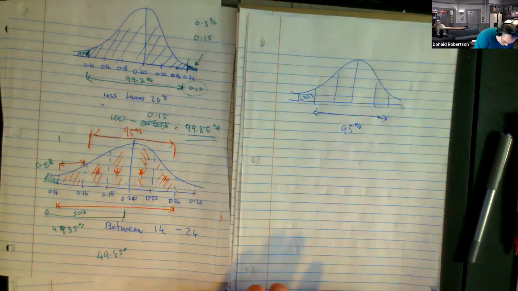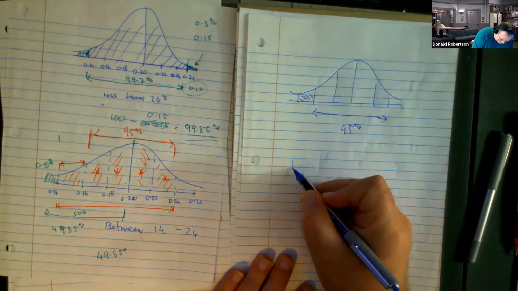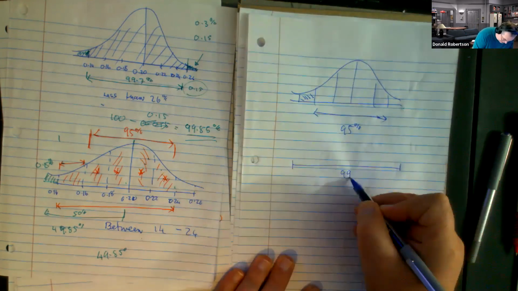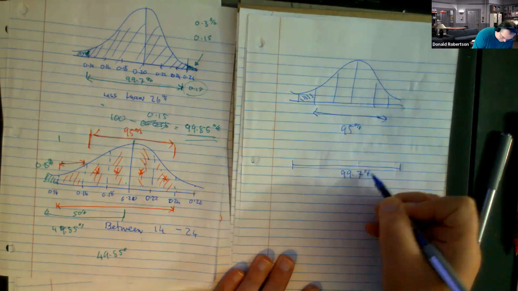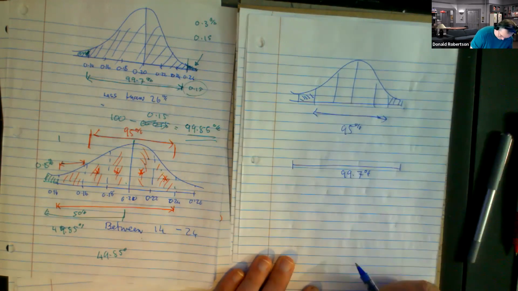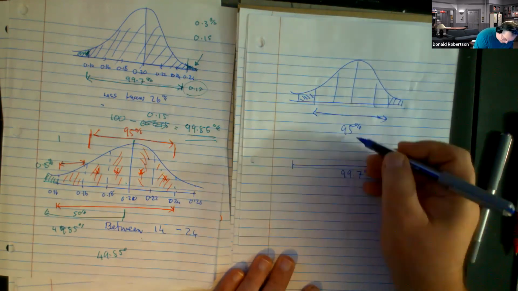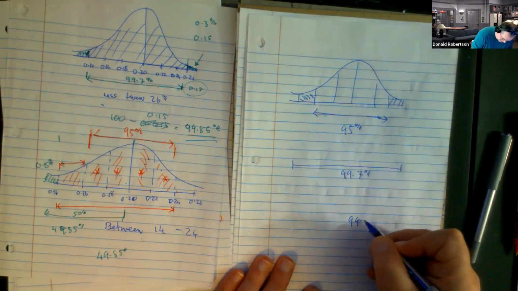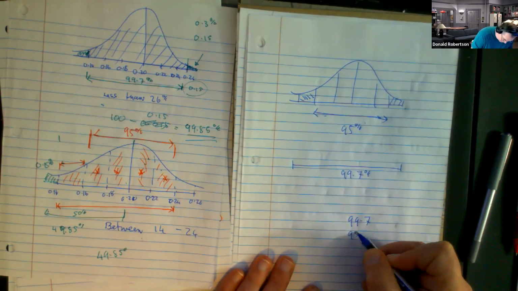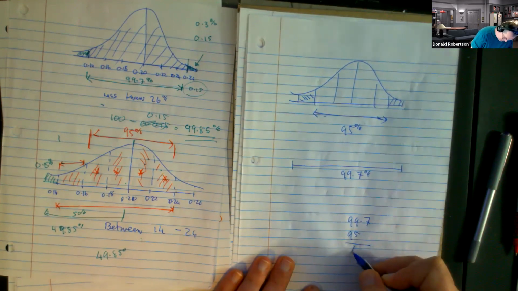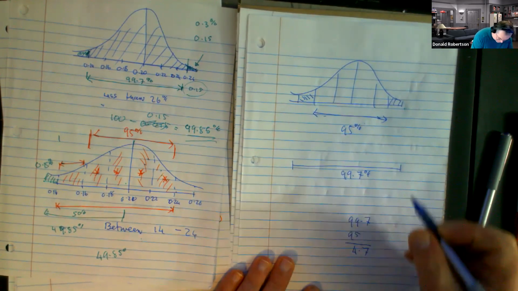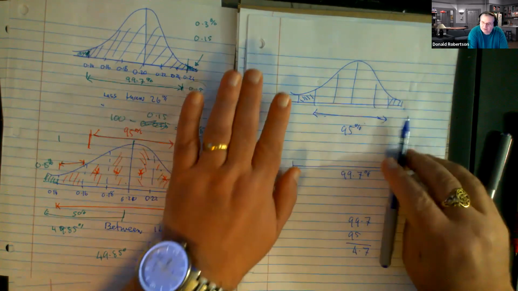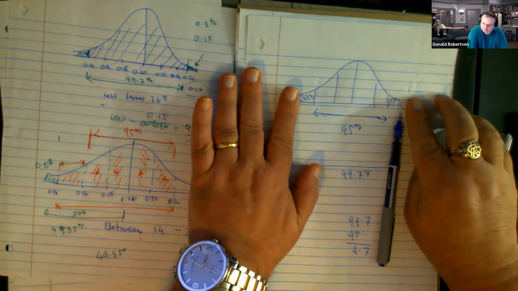So from here to here is 99.7%. Since this is 95 and this is 99.7, if you take 95 away from 99.7, the other 4.7% comes from the extra bits.